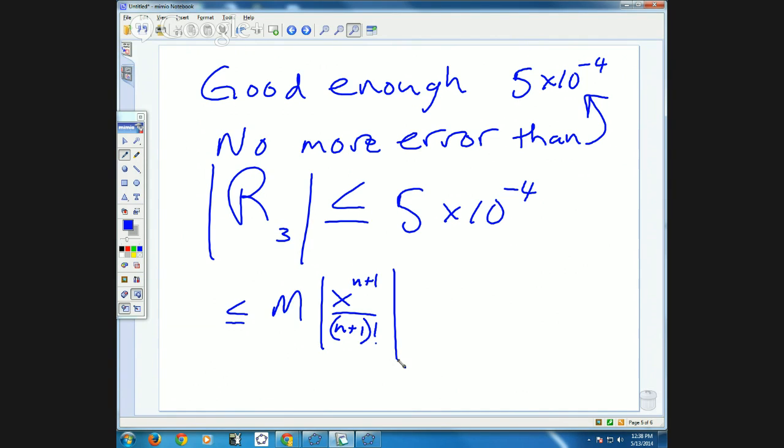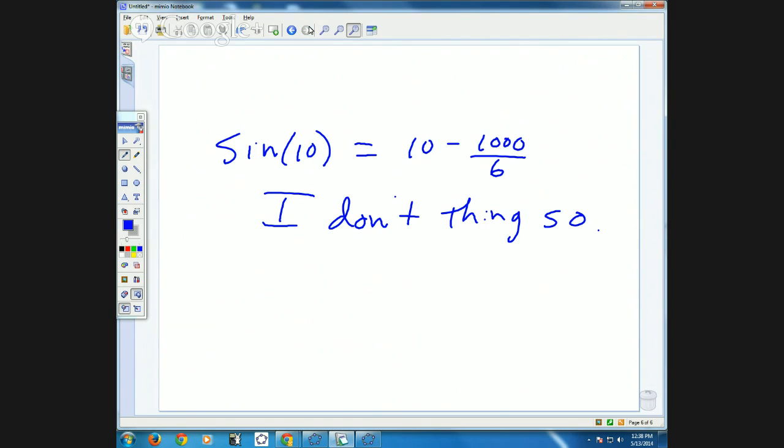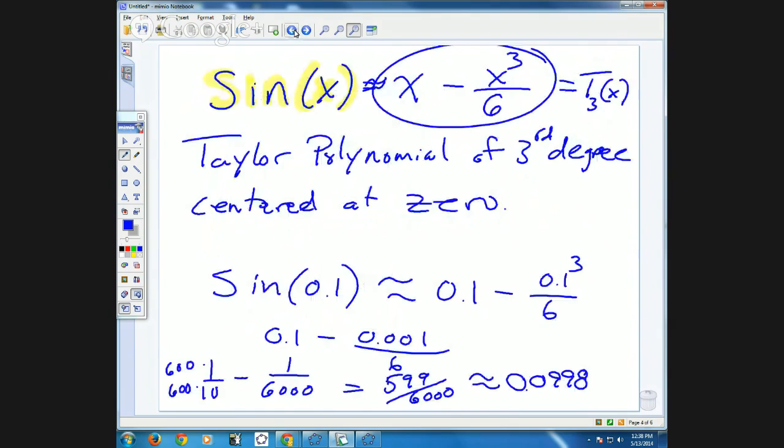What's the next term for the sine? If we went one more term here, we'd have x to the 5th over 5 factorial. Now, what are the derivatives of sine?